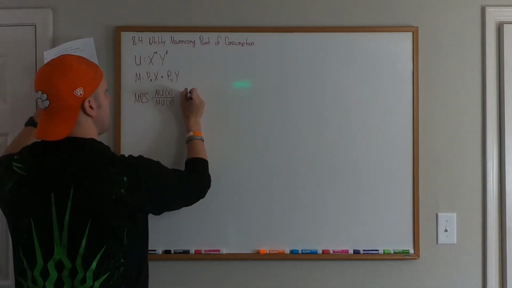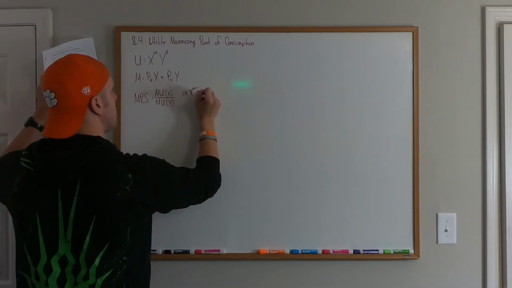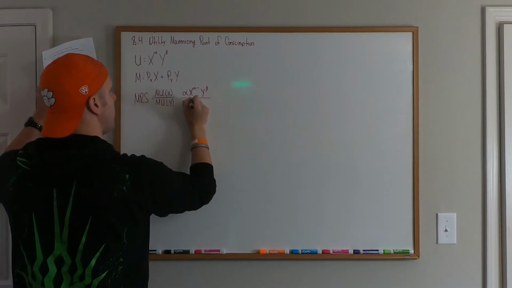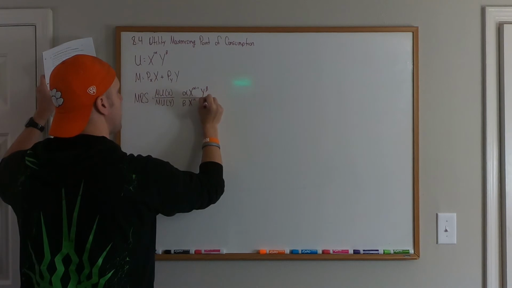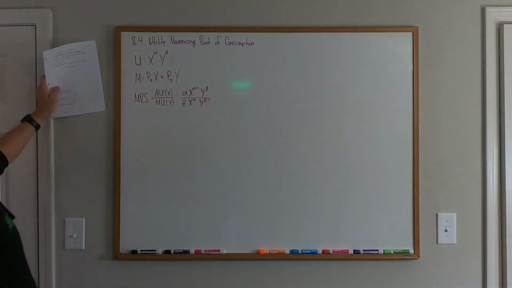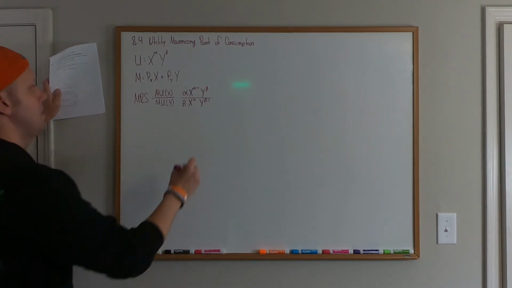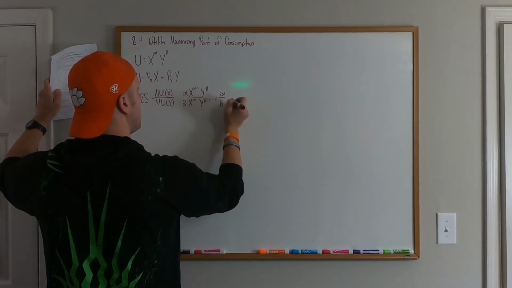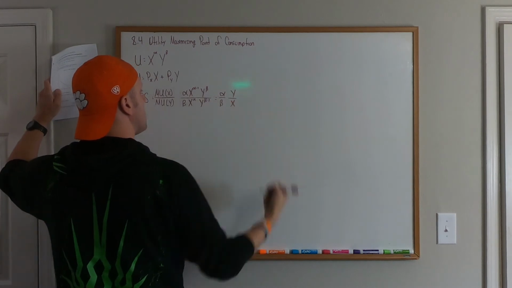Well, the marginal utility of x was alpha times x to the alpha minus 1 times y to the beta. Marginal utility of y was beta times x to the alpha, y to the beta minus 1. And what did this end up coming out to? Well, it ended up coming out to alpha over beta times y over x.